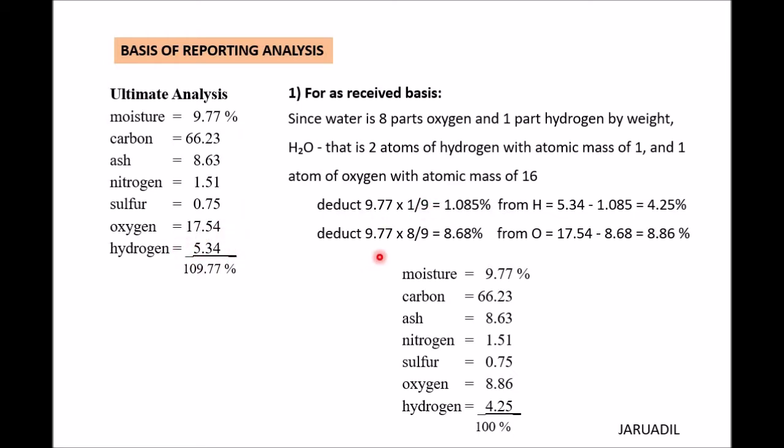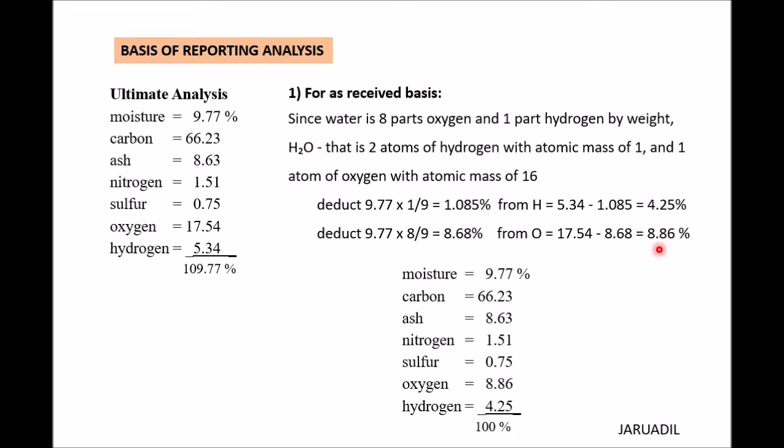The same goes with the oxygen. Oxygen is 8 parts of the water. So 8/9 times 9.77, the moisture content, that is 8.68%. We subtract that from oxygen. So this is your oxygen now, 17.54 minus 8.68. That becomes 8.86.